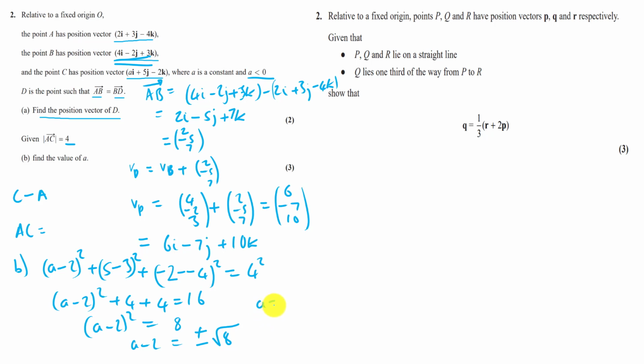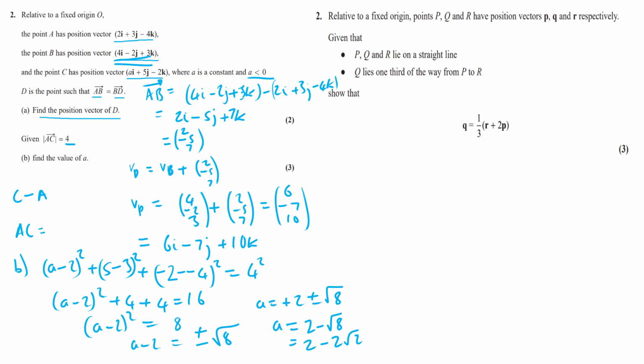So a equals 2 minus root 8, which is 2 minus 2 root 2.